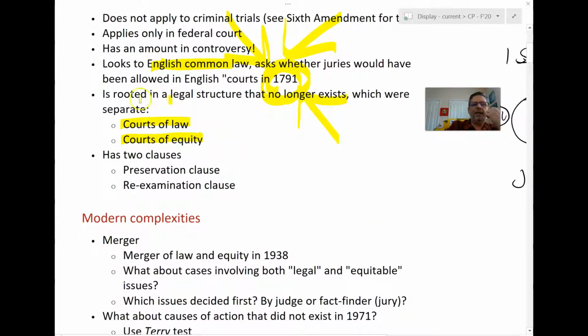of equity. And in fact, prior to 1938, a federal court, say the Southern District of Florida, would sometimes say, we are sitting now as a court of equity, now we're going to sit as a court of law, right? They would kind of put on their equity hat and their law hat. No, they did not actually have a hat. If they did, then yay for them.